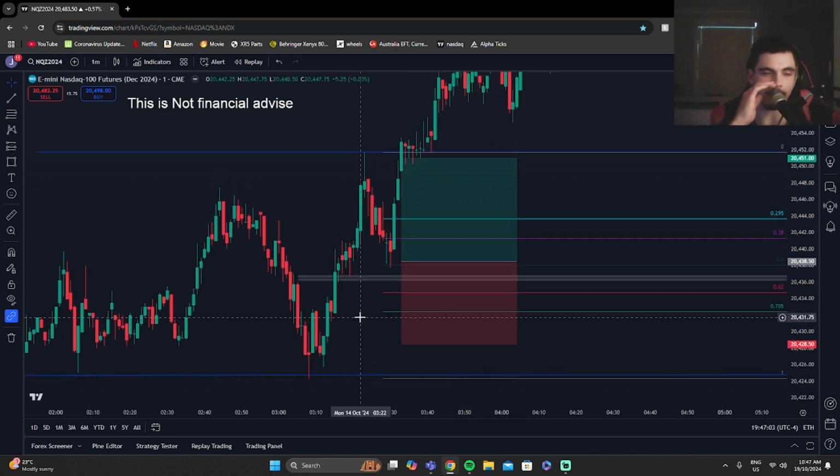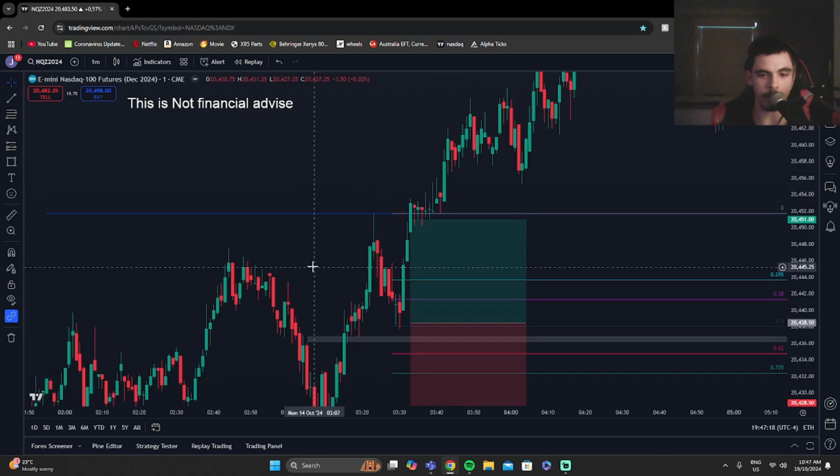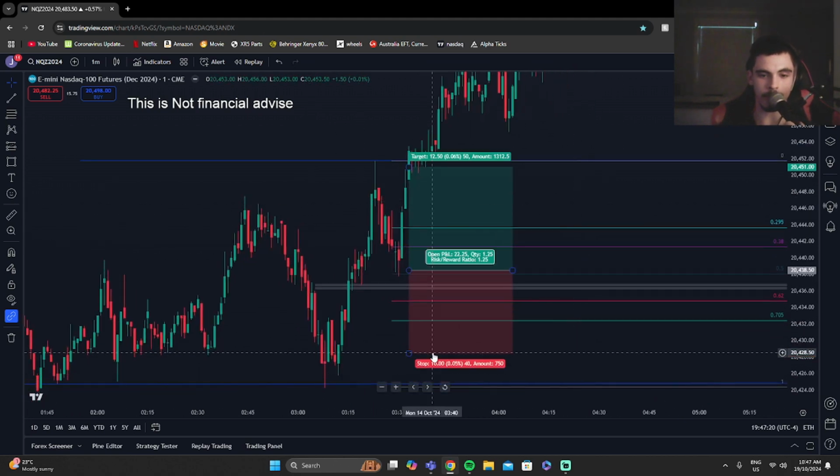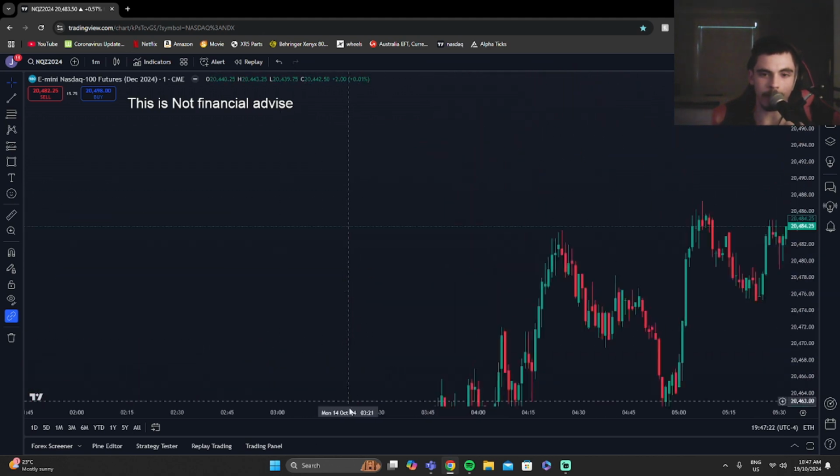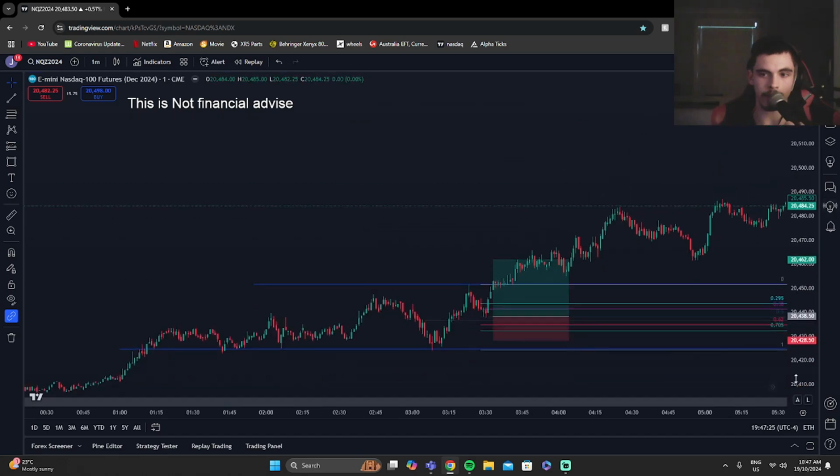You got to take these things into consideration. So if it came all the way down here, I'd still allow for it, as long as it doesn't violate the 5 minute. As soon as we violate that 5 minute bullish gap, I don't want in. But with my model, I'm pretty much just trusting it's going to hold up, which it ended up doing. So I'm pretty sure I put my stop out there, and I targeted that high that I was talking about.